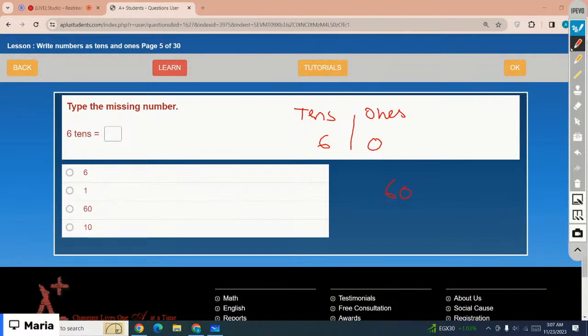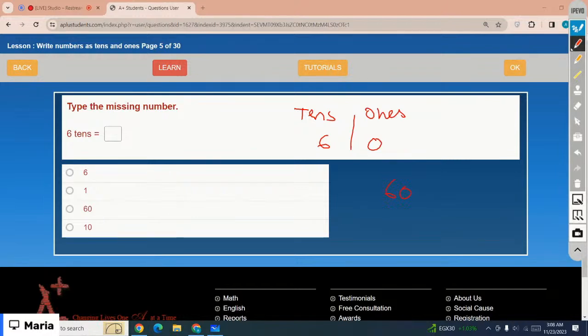If you are not given a digit at any place, that means there you have a 0, right? Like here you are given just 6 tens, so the ones digit is always 0, because the first digit, the rightmost digit, is always the digit at the ones position, right?